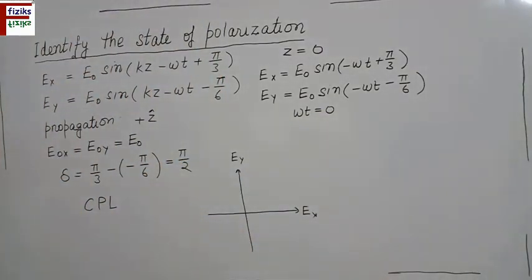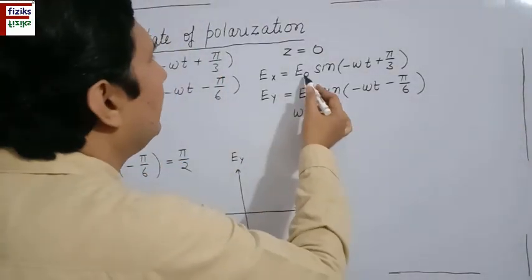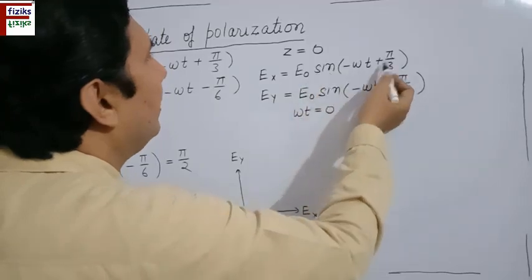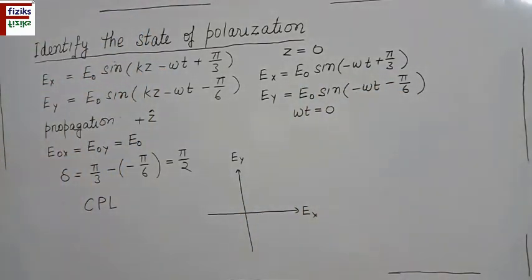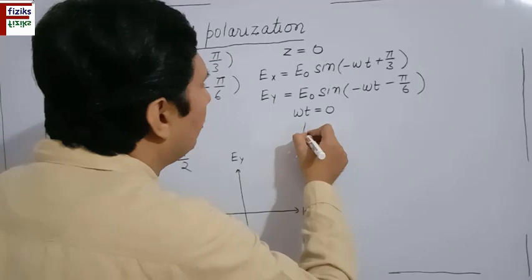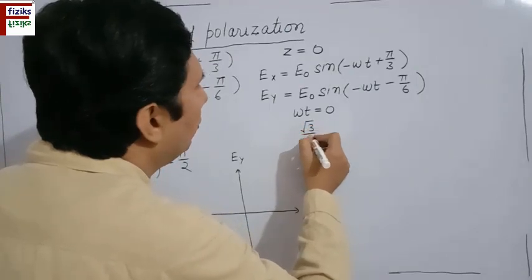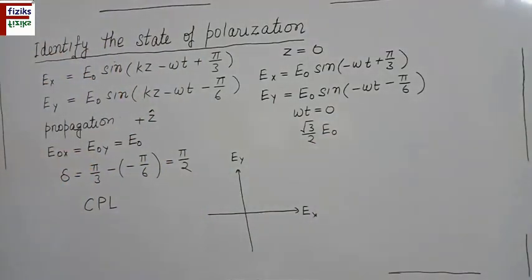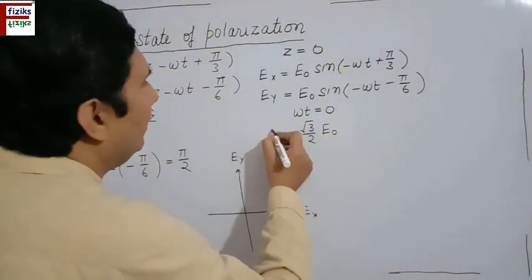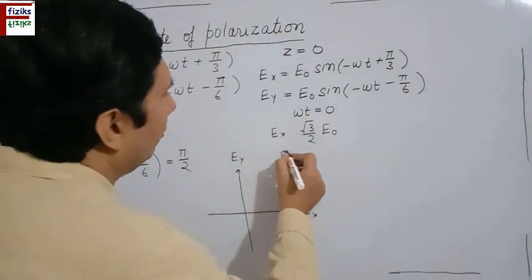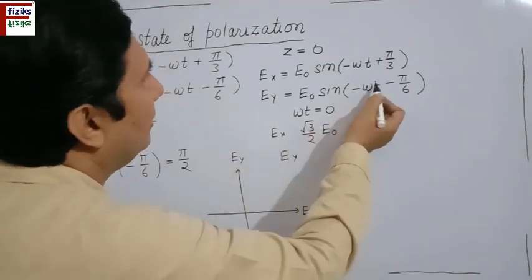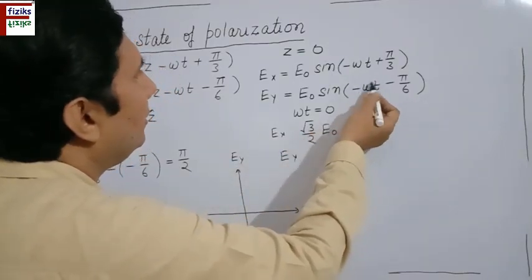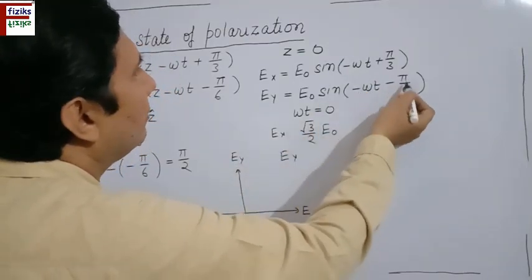When omega t is 0, Ex is E naught sine pi by 3, or sine 60, so this is root 3 by 2 E naught. This will be the Ex component, and what will be the Ey component? Here it will be E naught sine of minus pi by 6.